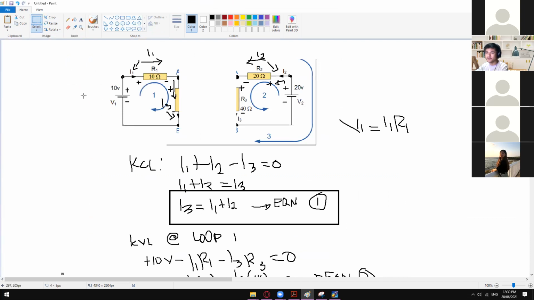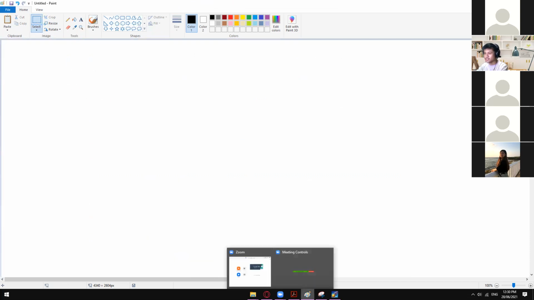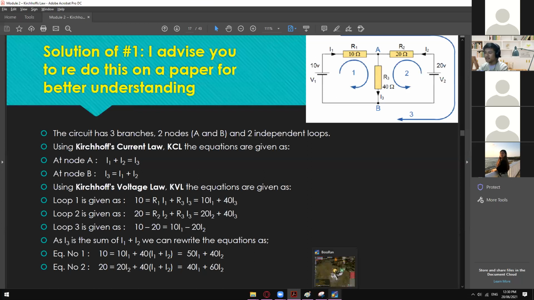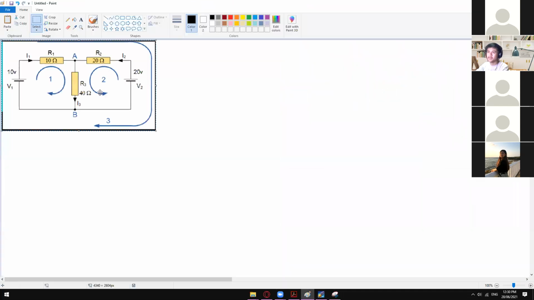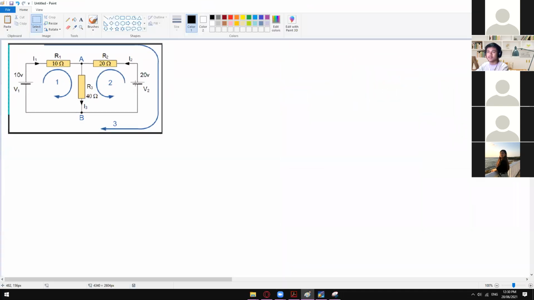Okay, so let's start from scratch. Let me go through this one again so that you will be able to fully understand everything. So again, when it comes to KCL, we always try to find the super node. When I say super node, it is a part wherein most of our components are connected.